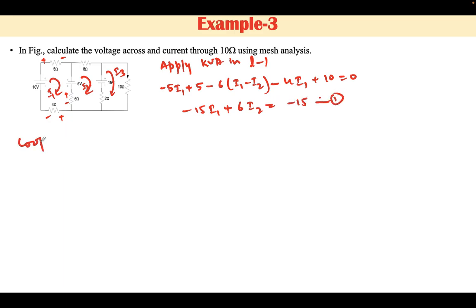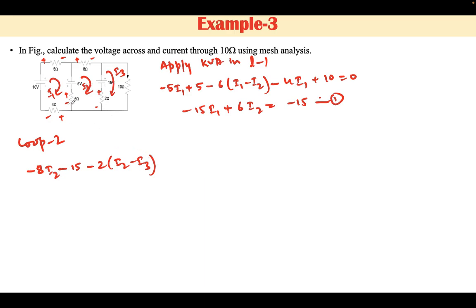Now loop 2. In loop 2, again define the polarity for each and every element. This element is already defined, and hence it is taken as minus 8 I2, then minus 15, moving from higher to lower, then minus 2 times I2 minus I3, because the current in this element is the difference of I2 and I3.